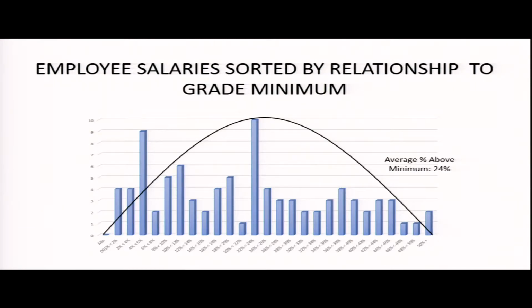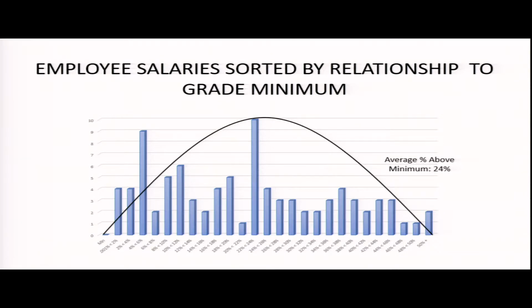The next slide represents employee salaries as a percentage above the minimum for their pay grade. That comes as close to being a perfect world as you can get. Your distribution of employees comes almost as perfect as it can to represent that bell curve, except for those few employees who just recently came to work with you, those 2018 and 2019 employees.